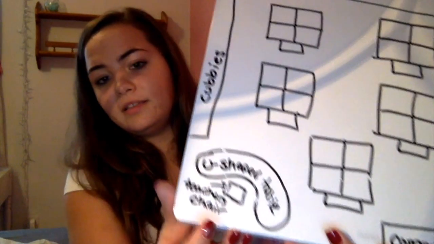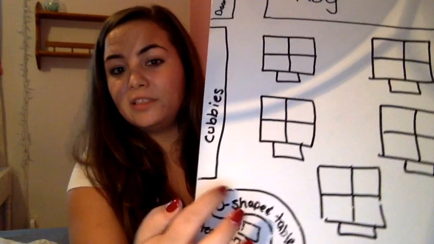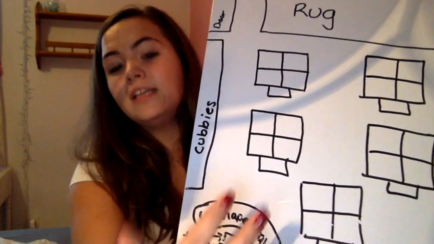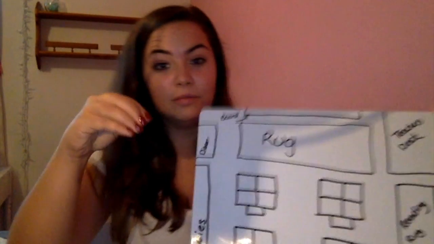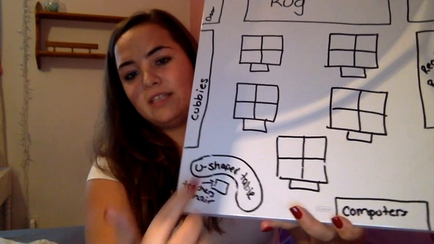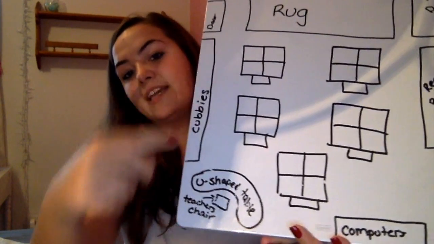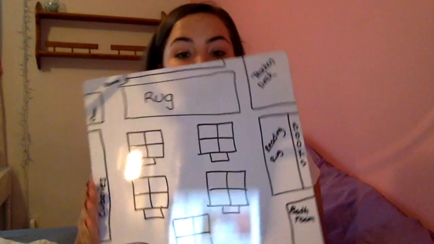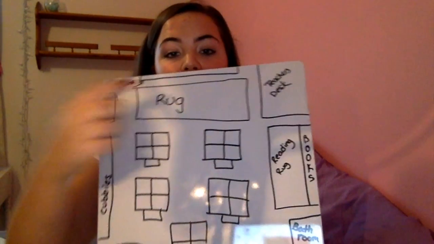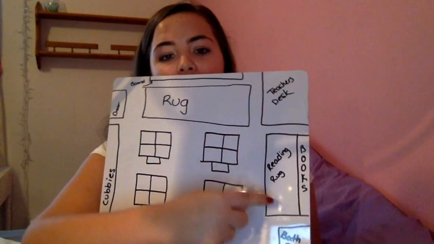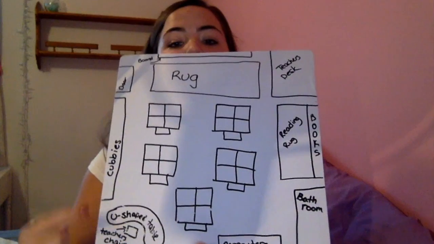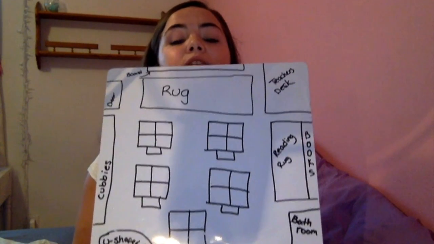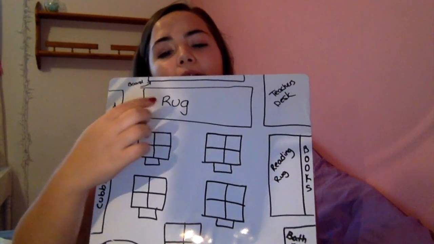Usually the teacher will sit right there and the students will sit around, and the teacher will teach a few students at a time, facing towards the teacher so they can't get distracted. If I were to do centers in a classroom like this, I would put one on the rug in the reading area, one at the U-shaped table, and probably have some of the kids at the desks.